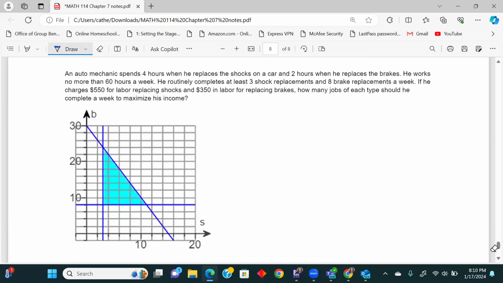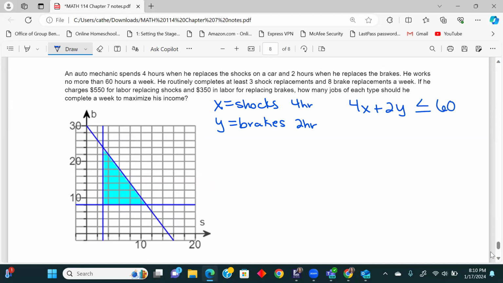All right, an auto mechanic has shocks and brakes. So let's let X be the shocks and Y be the brakes. It takes 4 hours to replace the shocks and 2 hours to replace the brakes. He works no more than 60 hours a week. So 4x plus 2y, no more than, so the number of hours he works has to be less than or equal to 60.